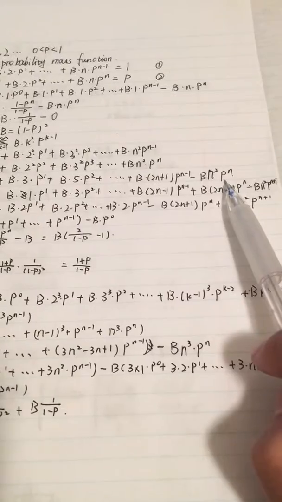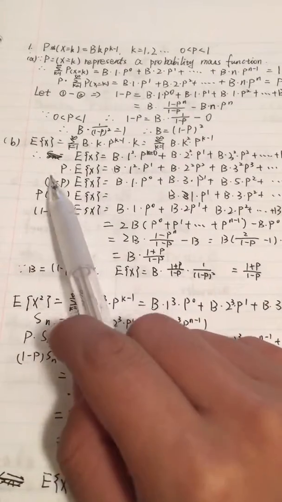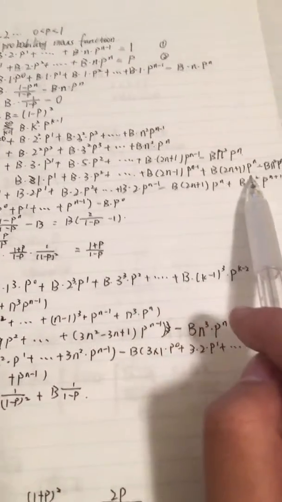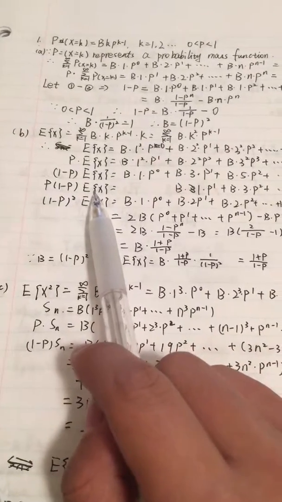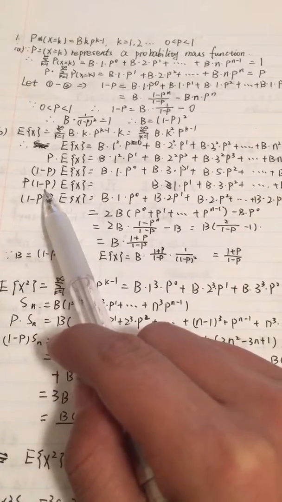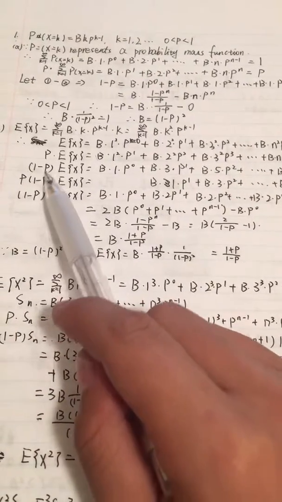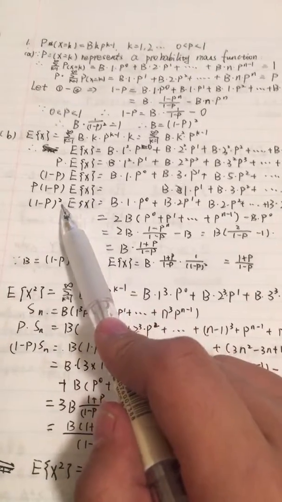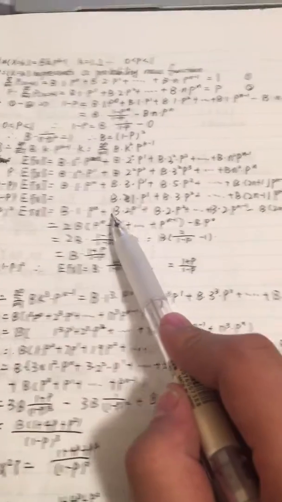And let this formula multiply p, we can get this formula, and we can use this formula multiply this formula, and we can get this formula.